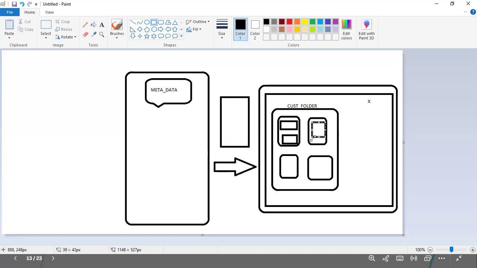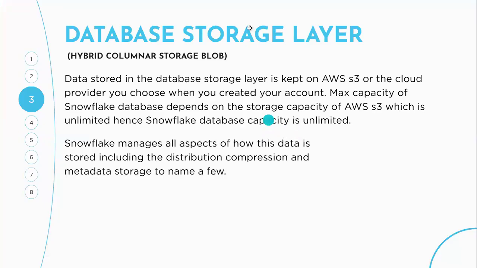Like that, the data will be stored in the form of blocks. This format we call columnar storage. Each column will be stored in a particular block. So whatever data I'm inserting into Snowflake will be stored in columnar format. So this is a hybrid columnar storage block.